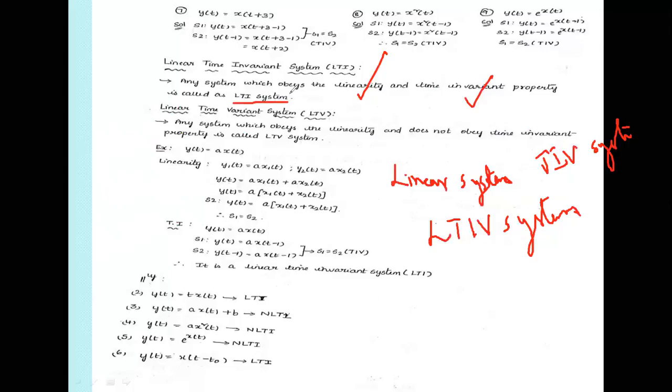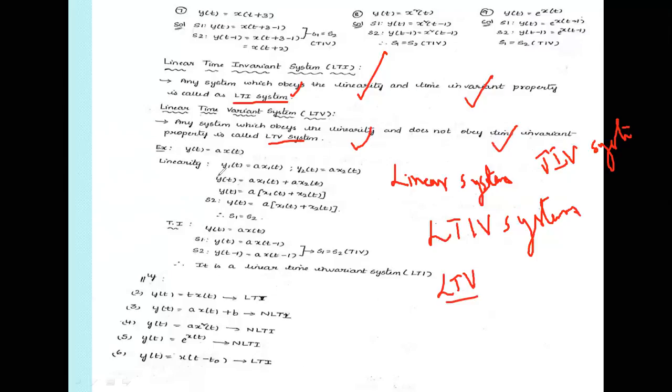And a linear time variant system means any system that obeys linearity and does not obey the time invariant property. It is linear, but it does not obey time invariance, so we call it a linear time variant system.